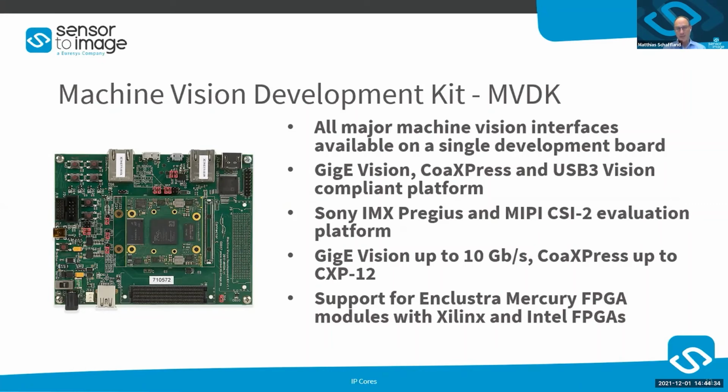We support speeds up to 10 gigabit for GigE Vision and CoaXPress up to 12 gigabit per connection. And we support several modules here on this MVDK. You see we have a module here, and here we use cluster FPGA modules, so we have a bit of choice in what FPGA we typically use.